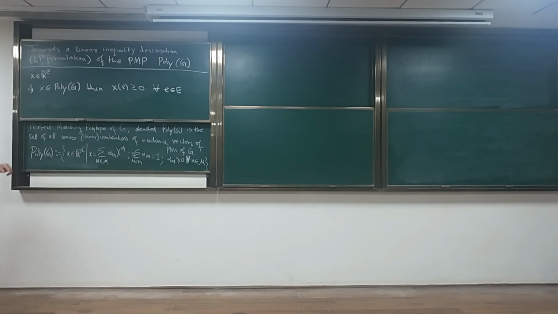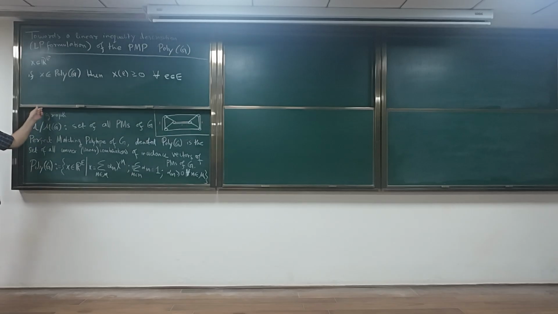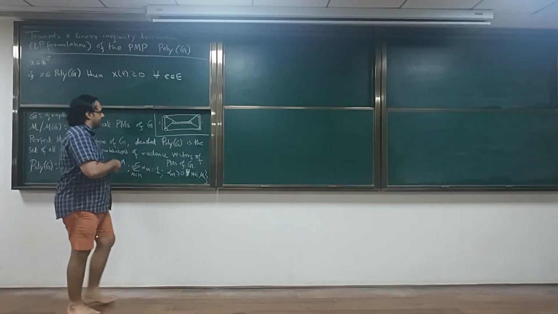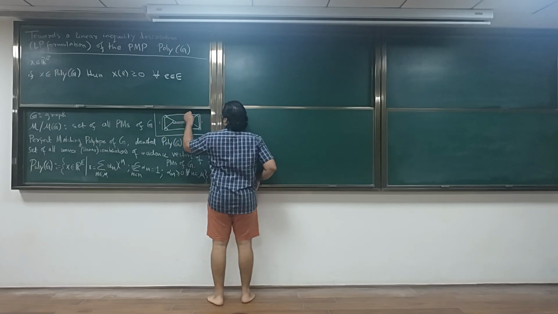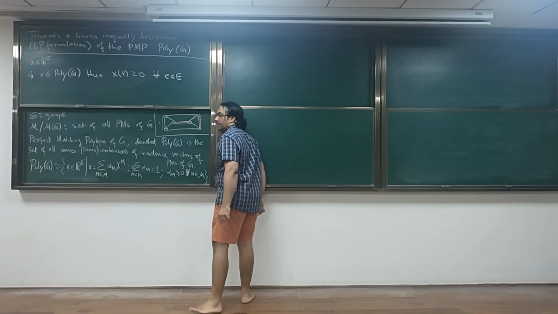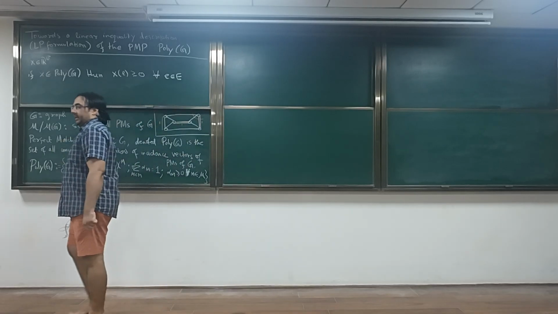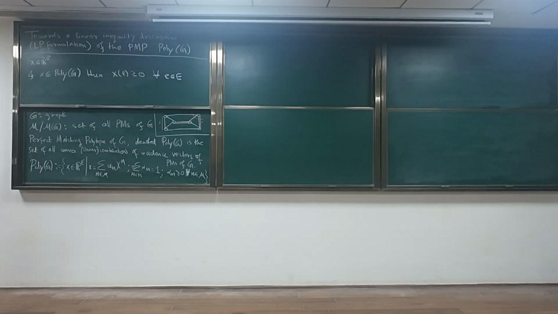Let's think about it, it's a perfect matching. If I look at any vertex and I sum up the numbers incident at that vertex, what do I get? What is the sum at each vertex? It is 1. The sum at each vertex is 1 because it's a perfect matching.